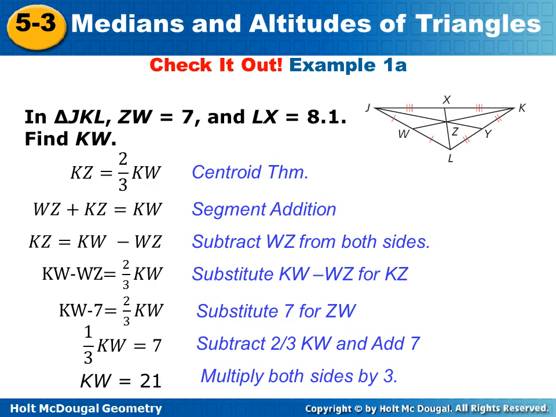Really what we're saying is, if 7 is 1/3 of the line, then the whole line would be 21. Because if ZW is 7, that's 1/3 of the line, and ZK is 2/3 of the line. So if ZW is 7, KW has to be multiplied by 3, and that's going to be 21.